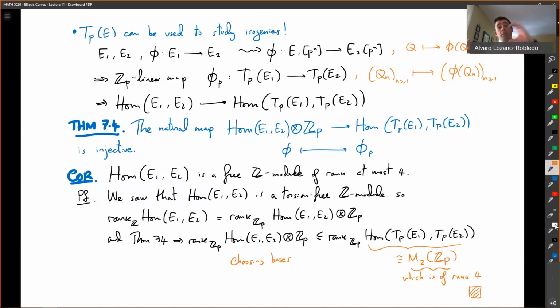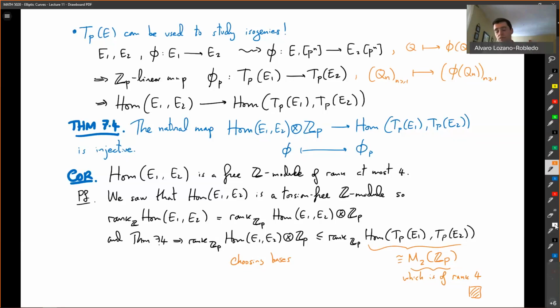If I multiply by p, then because phi is an isogeny, it is phi of Qn added p times. Okay, awesome. Does that make sense? Thank you. Yep, so it's that map, and that gives you the isogeny between Tate modules.